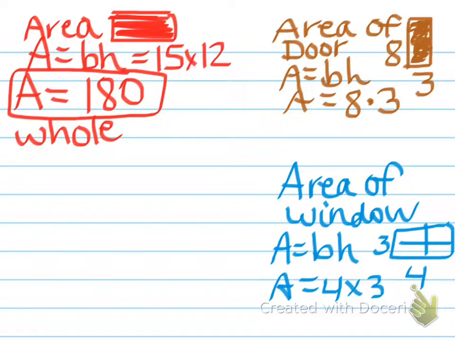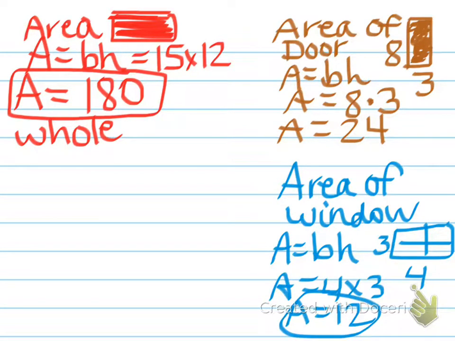Okay, changing colors. The area of the door, this shape, colored brown, is an 8 by 3, base times height, so the area of the door is 24 units. The area of the window, you can see the work here, 4 times 3, that would be 12.